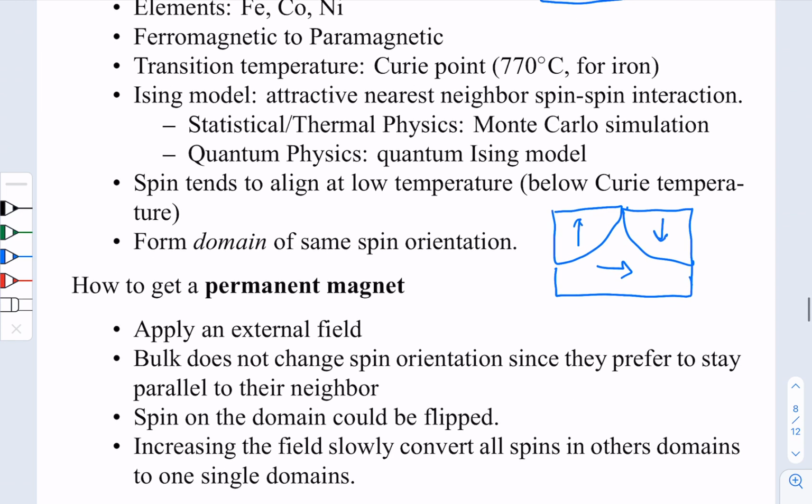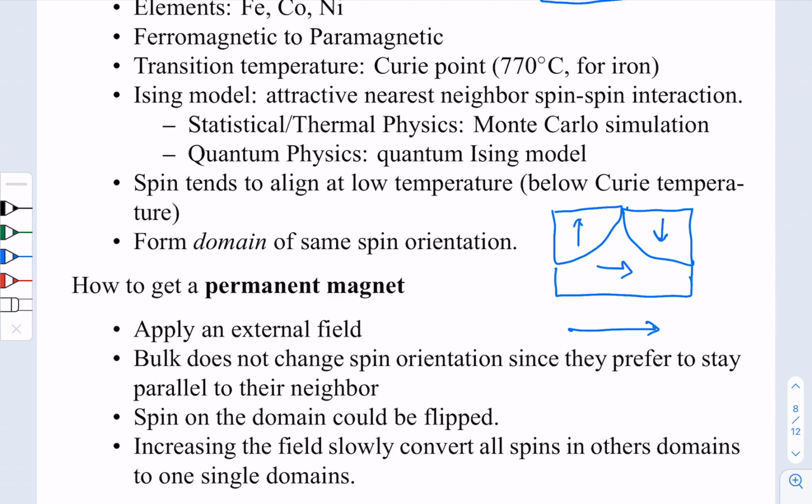Now, if you apply an external magnetic field, say I apply a magnetic field towards the right, then the spins on top of this domain wall will prefer to align with the magnetic field, and this effectively increases the size of the domain of spin to the right.